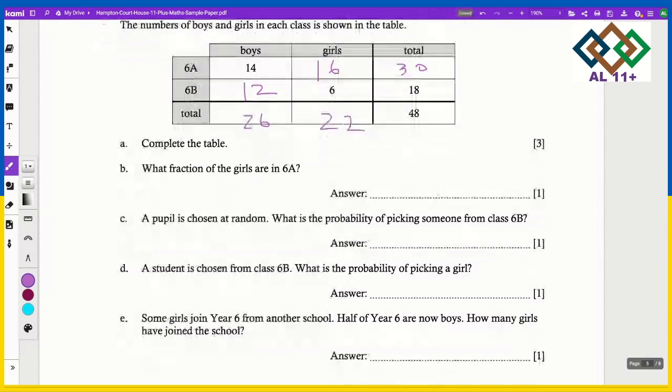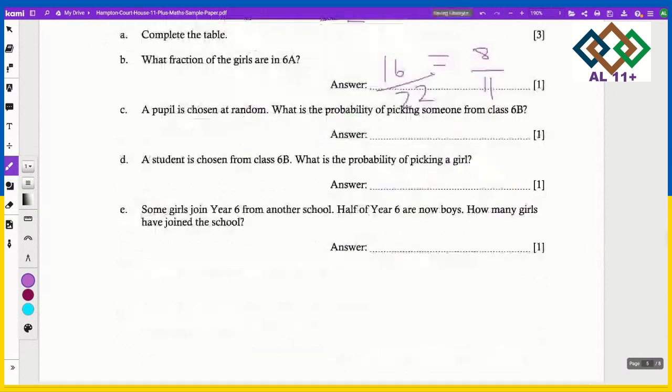Now they're asking me what fraction are girls in 6A. In 6A, the girls are, if you look here, 16 and the total is 22. So 16 over 22. Don't try leaving it like that because you'll be losing your marks. Try to simplify it more. That would be 8 by 11. Next, a pupil is chosen at random. What is the probability of picking someone from class 6B?